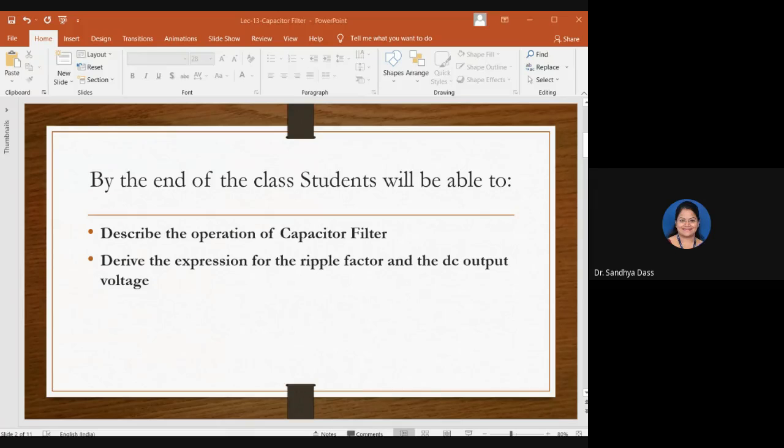Using this, the amount of presence of AC component can be reduced using filters. Practically, when we talk about filter circuits, we generally use components such as inductance and capacitance, because in order to separate DC from the ripple, components which have widely different impedances for AC and DC components have to be used.